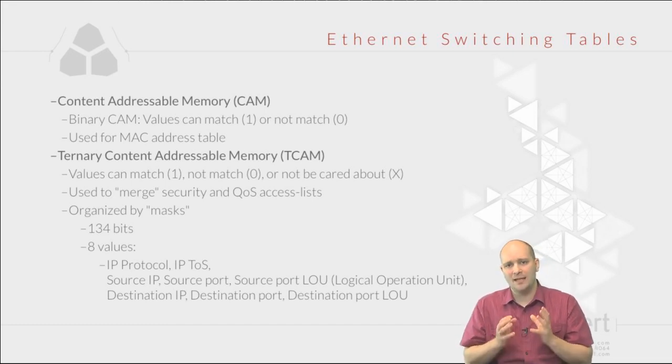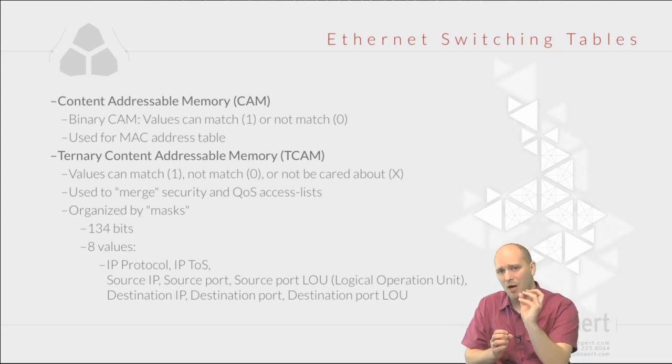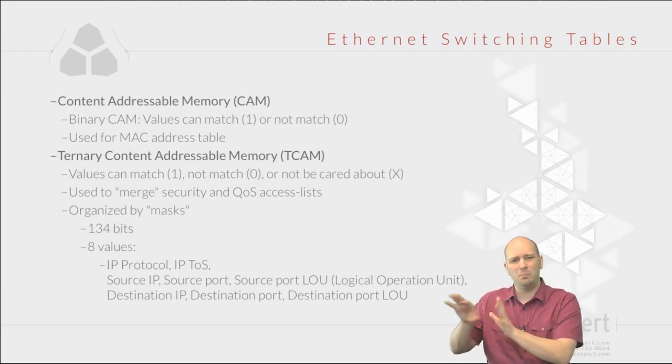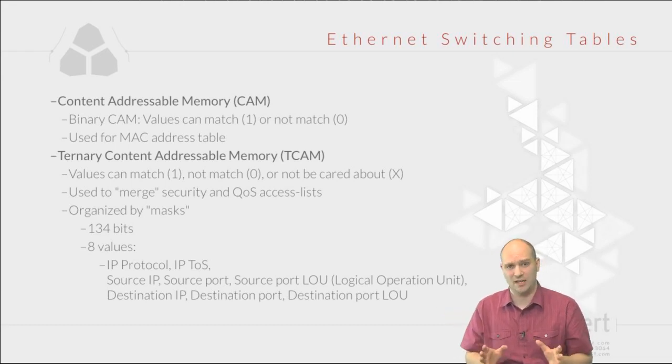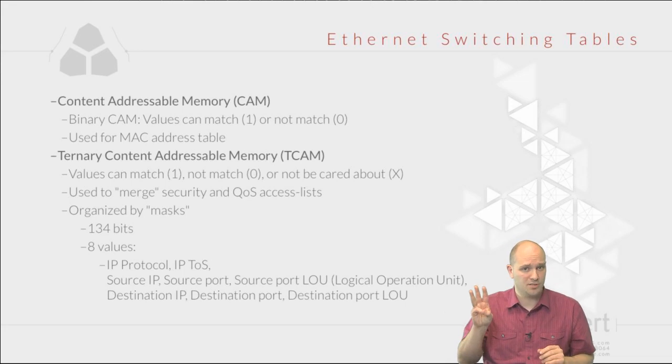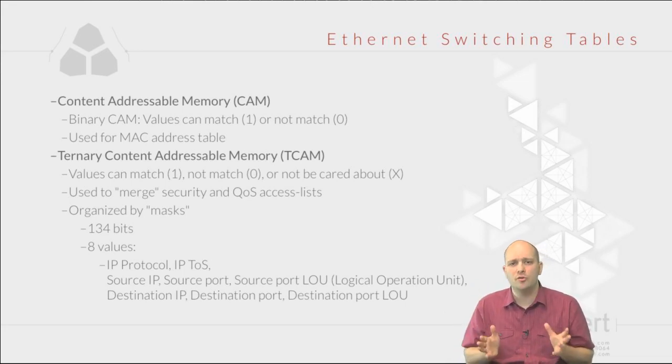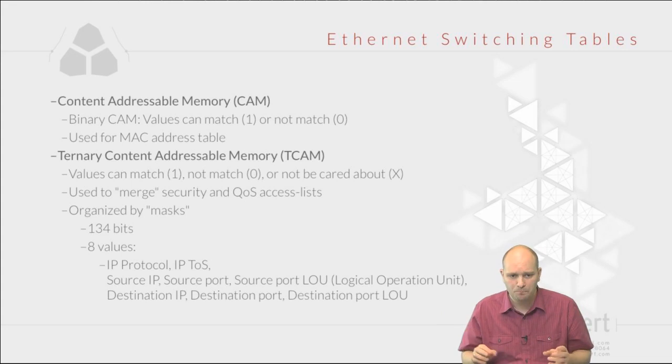The TCAM table can be looked up not only if the values match or don't match, but we can say, okay, does this information match, yes or no, or does some part of this information match? The other bits of that information I don't really care about. So we have three possible options: match, don't match, or don't care. They're usually represented by 1 for match, 0 for not match, and X for I don't care about it.